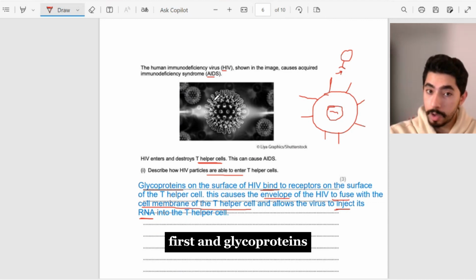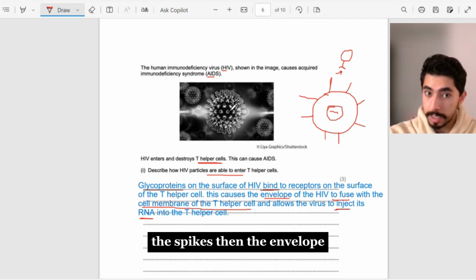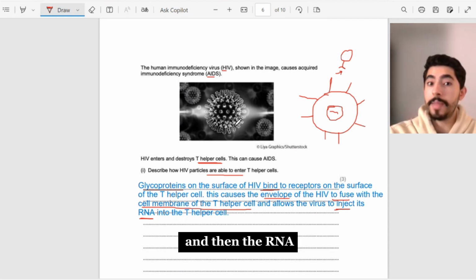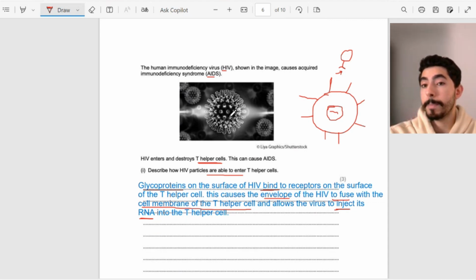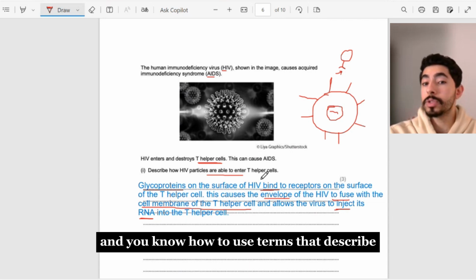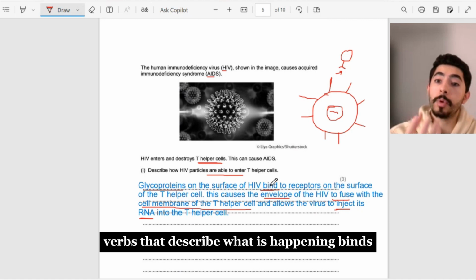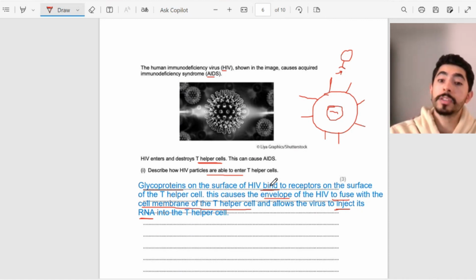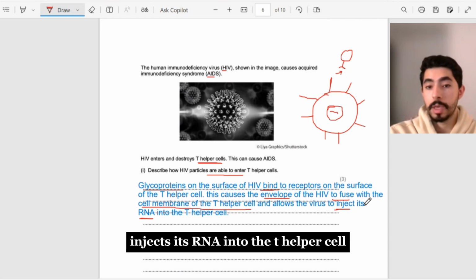First, glycoproteins, the spikes, then the envelope, and then the RNA. And you know how to use verbs that describe what is happening. Binds, fuses, injects. This is what's going to get you the mark. Injects its RNA into the T helper cell.